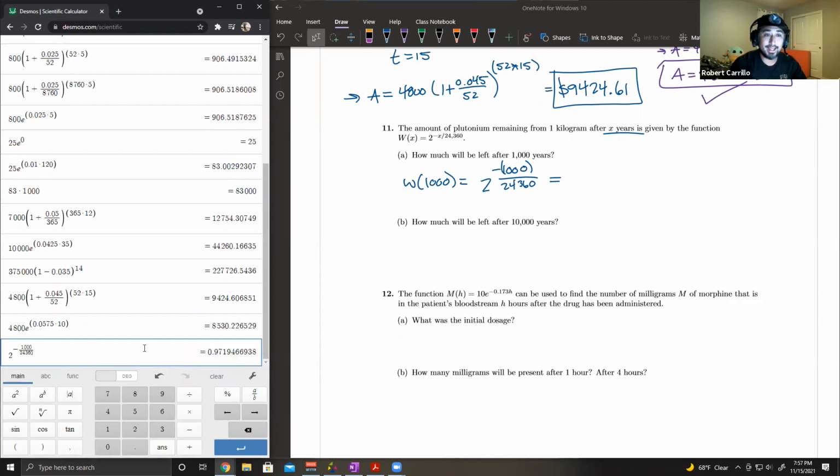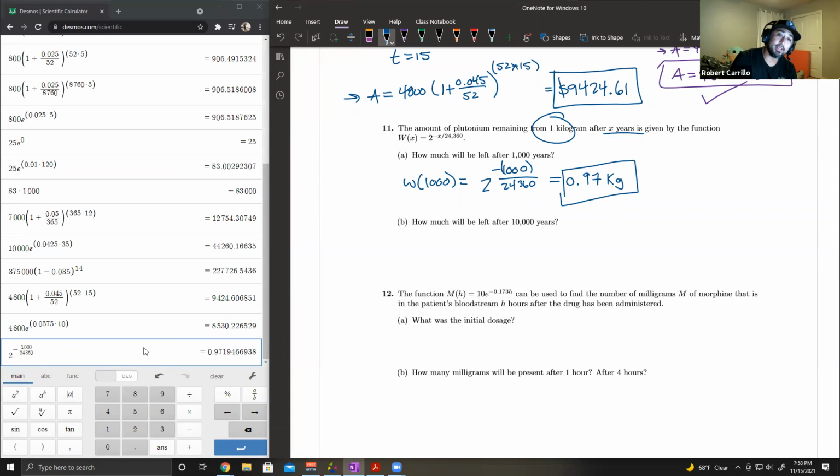And after 1,000 years, there will be 0.97, and the amount is in kilograms. There will be 0.97 kilograms of plutonium left. Hey, not bad from 1 kilogram. You only lose 0.03 over 1,000 years.